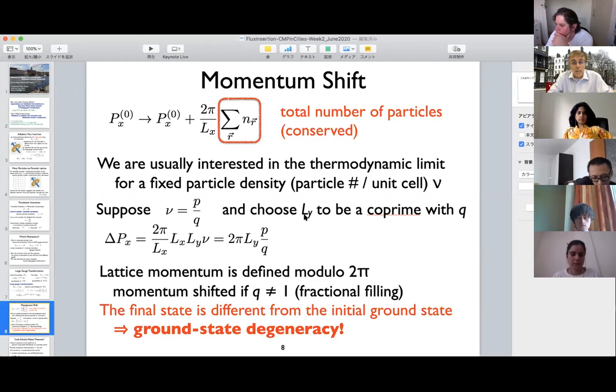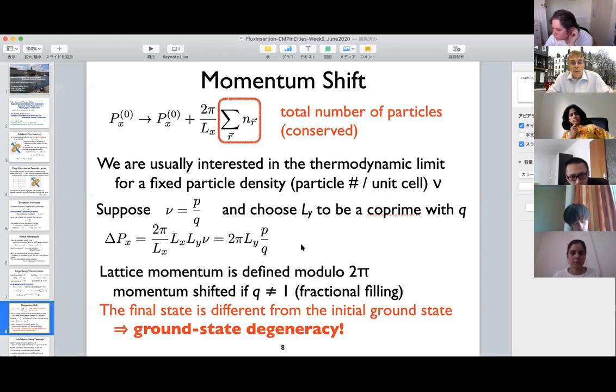So that means that if you choose this system size Ly to be coprime, with no common factor with Q, then this is still a non-trivial fraction, not an integer. And the momentum is defined modulo integers, but this is a fractional number.